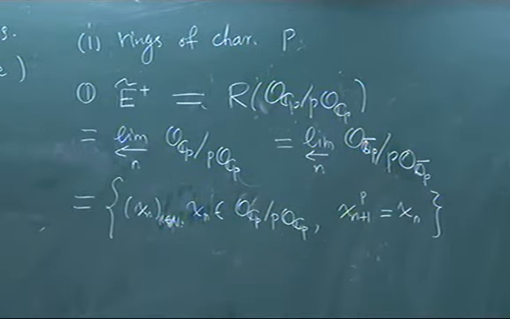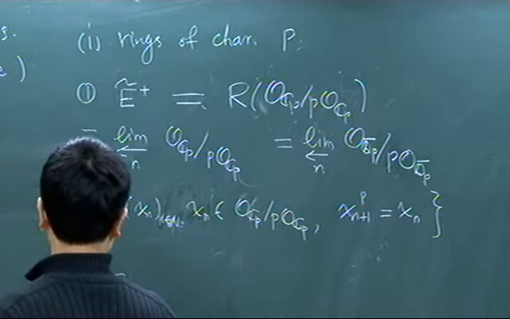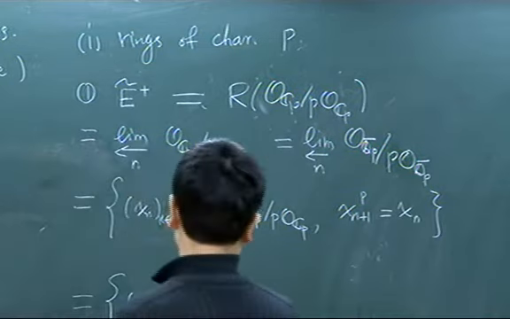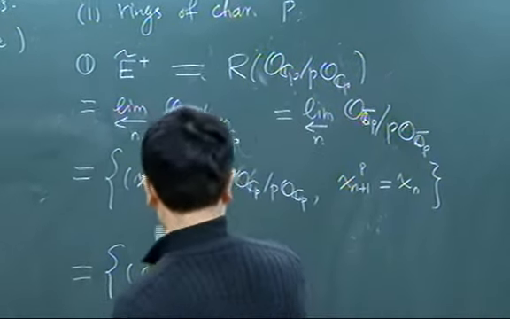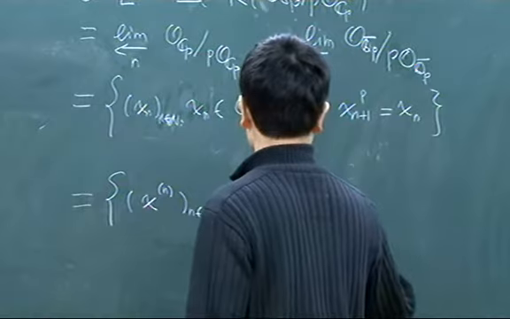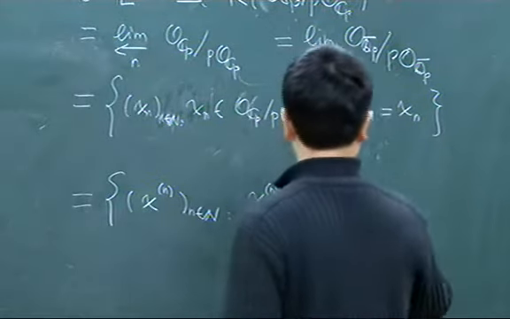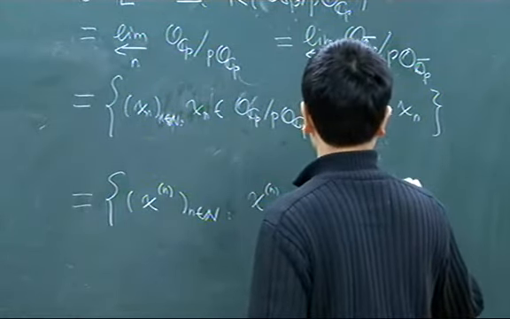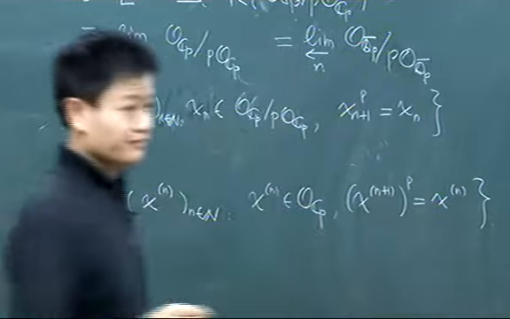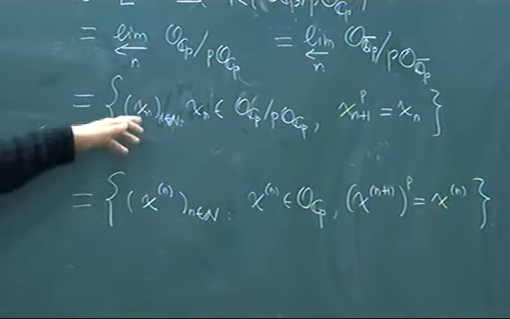The trick is you have one way to write this down, and then there is another way to write this down. So x_n is contained in the quotient ring, and x_{n+1} to the p is x_n. These are the two ways to write this down.